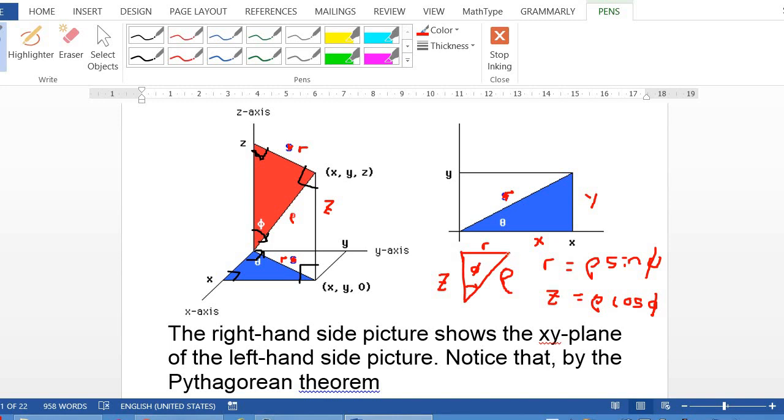Here r is, when you raise up at z, this is r, taking sin phi, because there is a 90 degree angle here, sin phi is r over rho, or r is rho sin phi. Taking cos phi is z over rho, that's why z is rho cos phi.